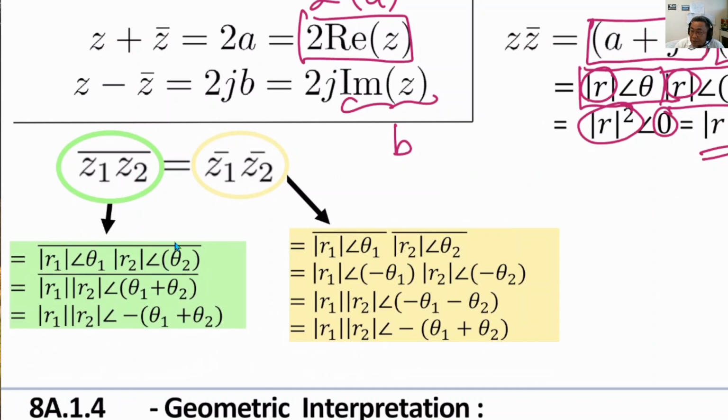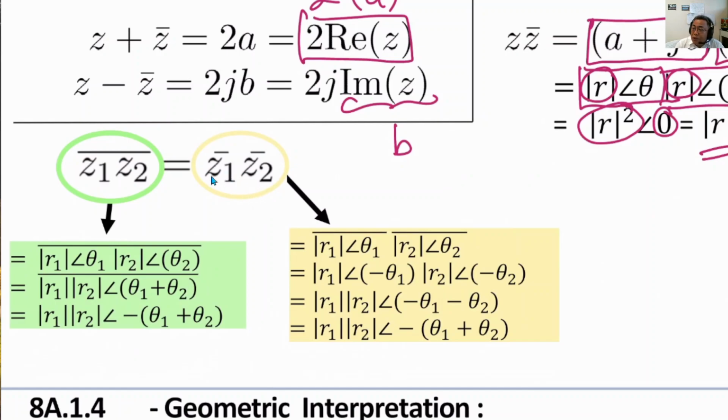All of them are conjugated. r1 times r2 brings it out. Since they are multiplying, the theta 1 adds to theta 2. The complex conjugate of this value simply changes the theta, so minus this theta. So this is z1 times z2, complex conjugate.